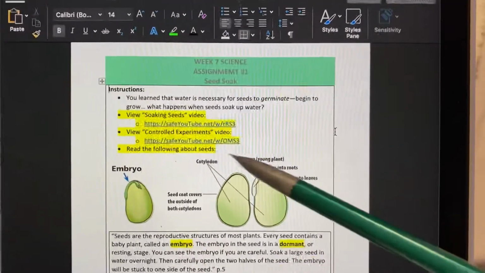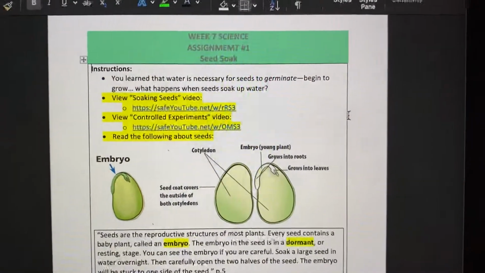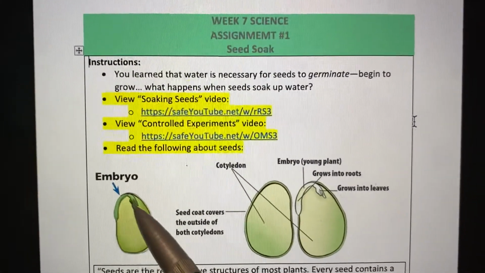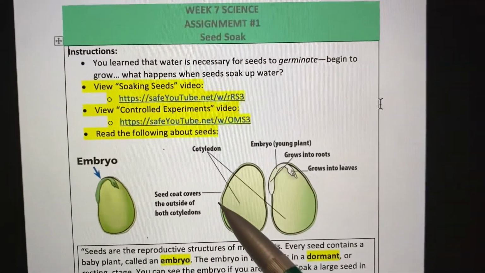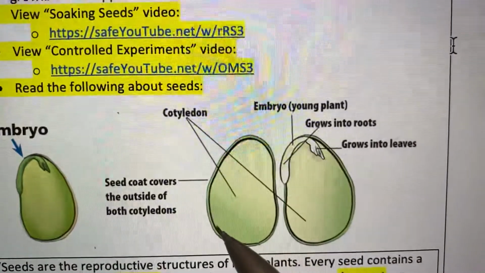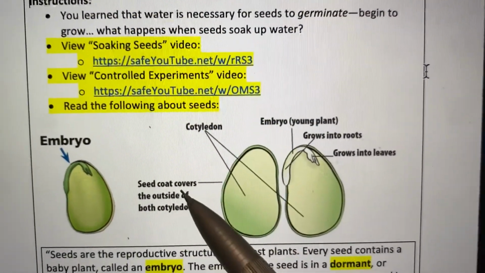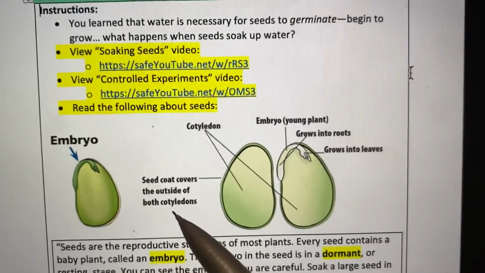Here we have this diagram, a picture about seeds. This dark green part of a seed is the embryo. And this very thin line is the seed coat that covers the outside of both cotyledons.